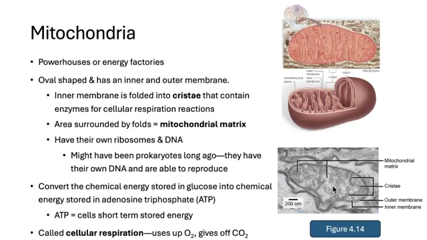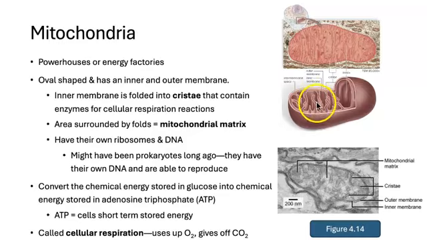Now for our mitochondria. You may have learned that this is called the powerhouse of the cell. They're basically little energy factories within our cell, and you could see that they have an oval shape to them and have an inner membrane and an outer membrane.